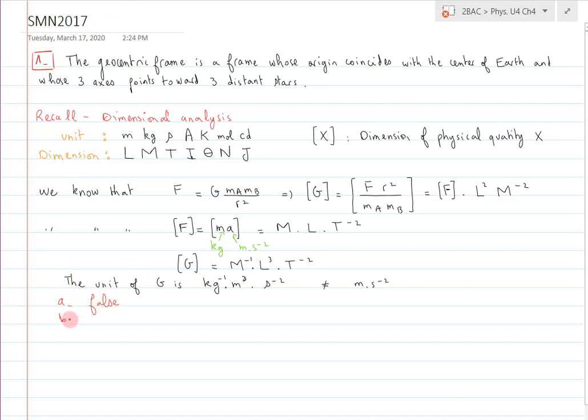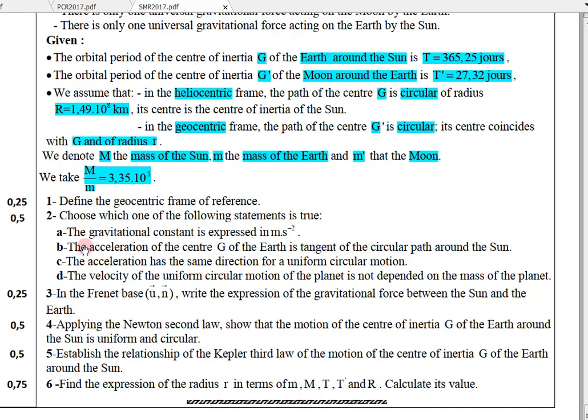Now B. The acceleration of the center G of the Earth is tangent to the circular path around the Sun. This is also false. Why?